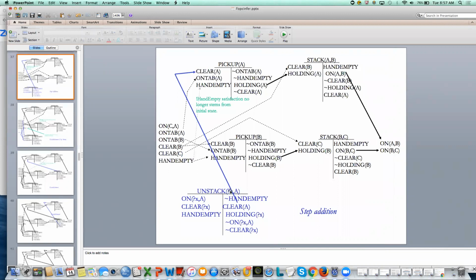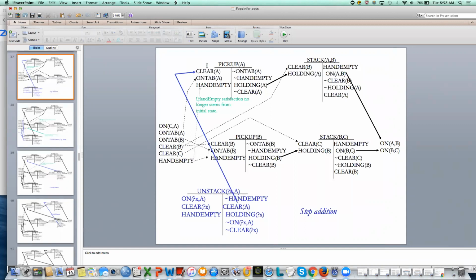Unstack X from A is one way of achieving clear A. And so what I did, or what Tweak would do, is go through and look at the effects of all the operators, looking for those operators with an effect that unified with a precondition of pickup A. In this case, the substitution is incomplete because to unify clear A with clear X down here, we just have to bind one of the variables, Y in this case, to A. And we apply that substitution throughout, and you'll notice that X is currently unbound.